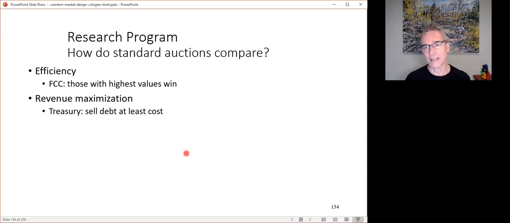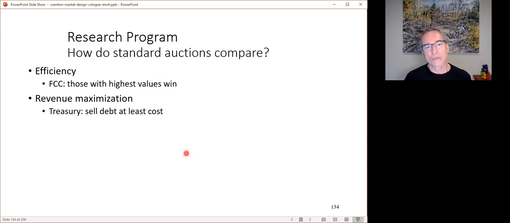If I'm advising a government in a communications auction, a spectrum auction, then I tend to encourage them to focus on efficiency rather than revenues. The efficient auction will raise lots of revenues, and it has the advantage that you're making the best use of the spectrum, and given all the complementarities with the rest of the economy, it's very nice to put that spectrum to its best use.